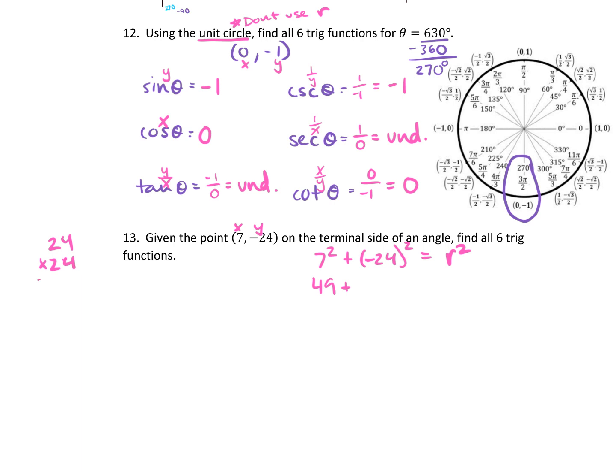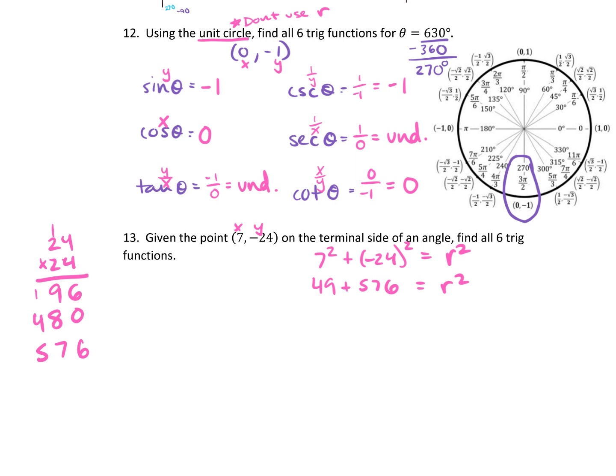Let's just write it out because I think this was a question from the quiz. 4 times 4 would be 16. 4 times 2 is 8 plus 1 would be 9. Put a 0. We have 2 times 4 would be 8. And 2 times 2 is 4. So it'd be 576 is equal to r squared.